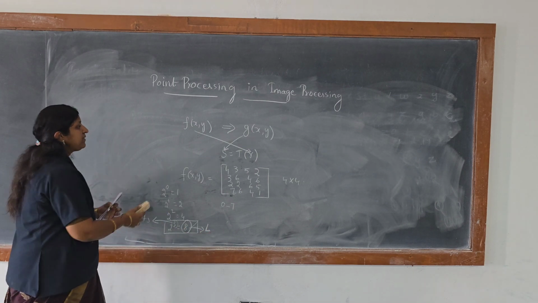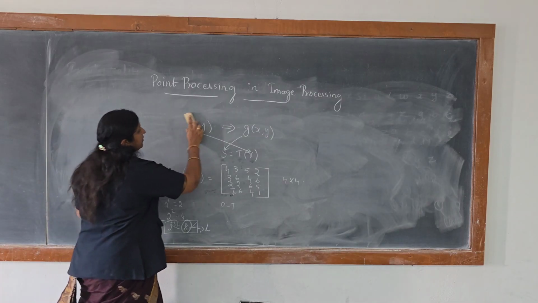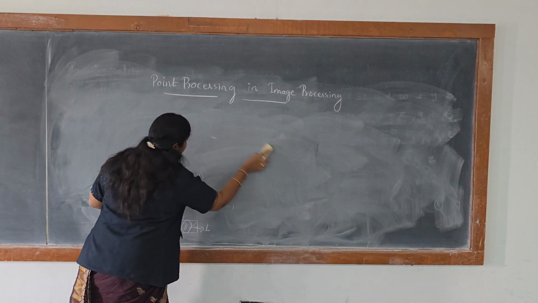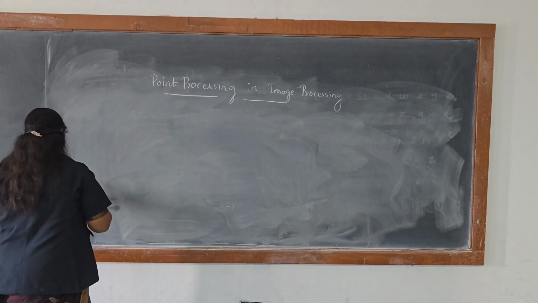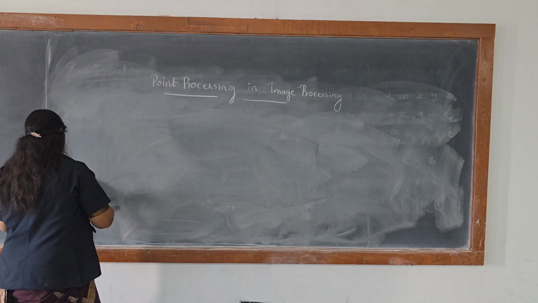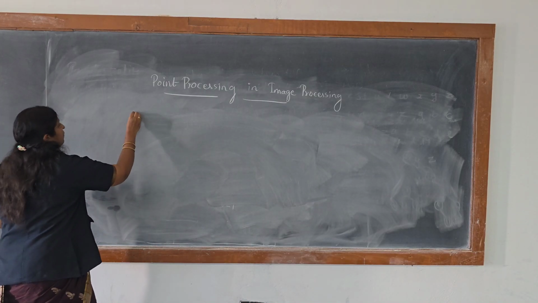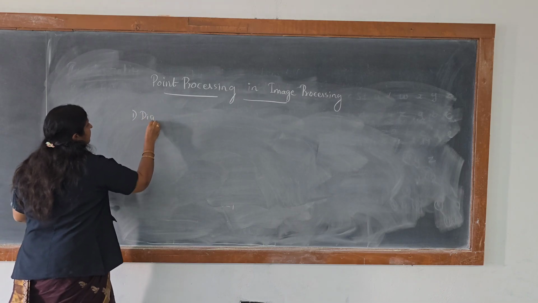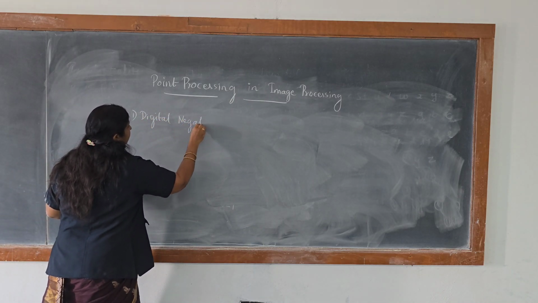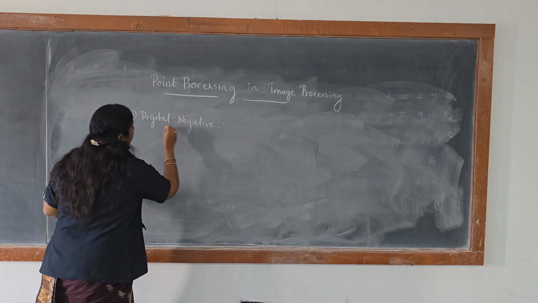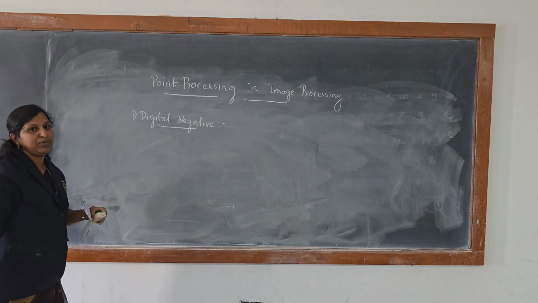Now we can see the types of point processing. The first one is digital negative.